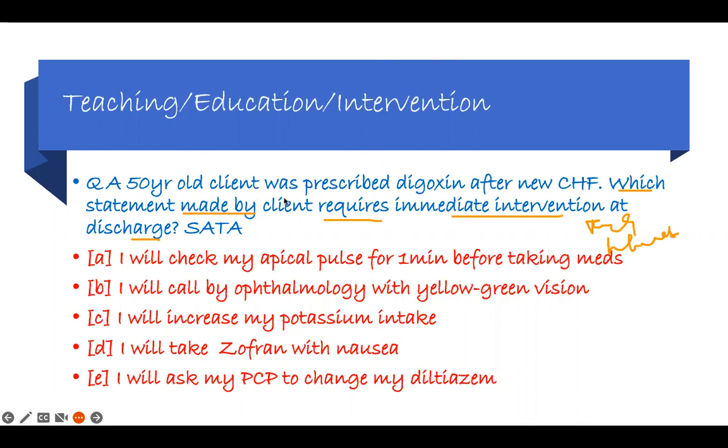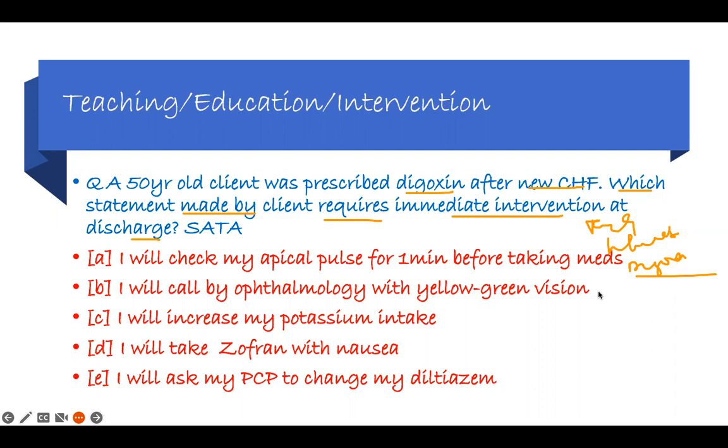A 50-year-old client was prescribed digoxin after a new CHF. So now it's on digoxin, and then I have to say something about it. Okay, if you say something wrong, I have to intervene. Then you ask yourself, what do you know about digoxin? Digoxin is used for CHF.